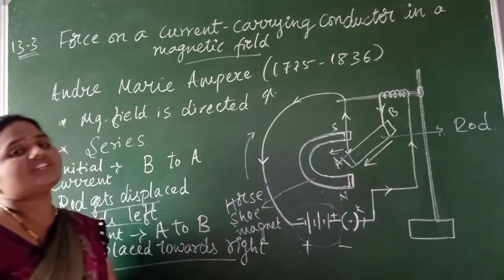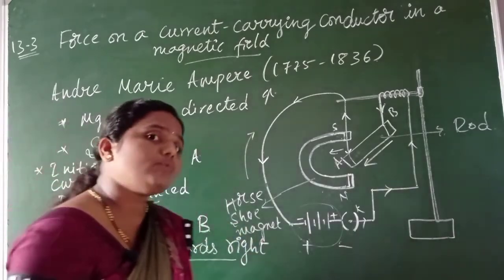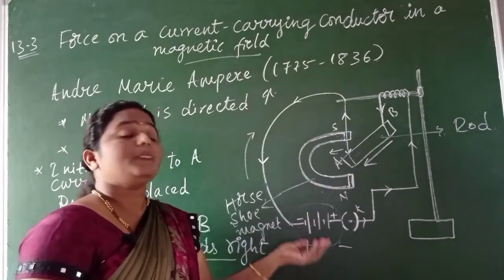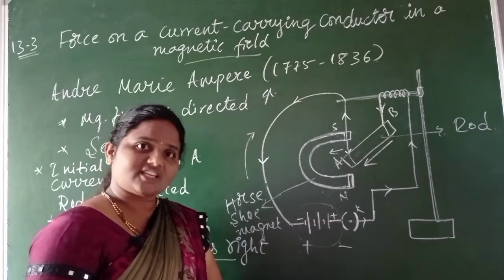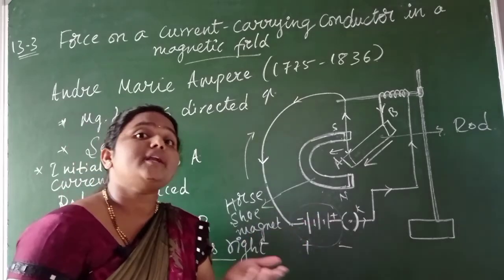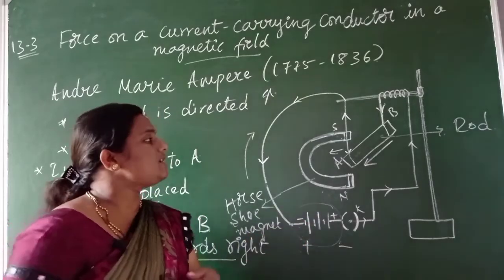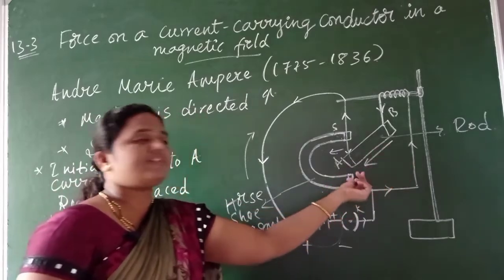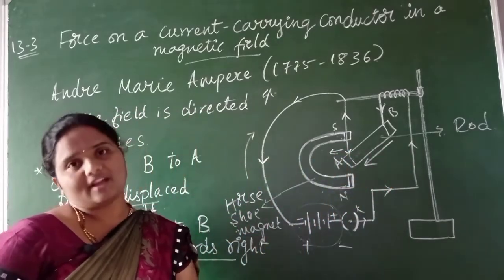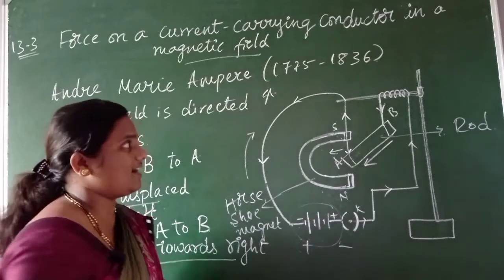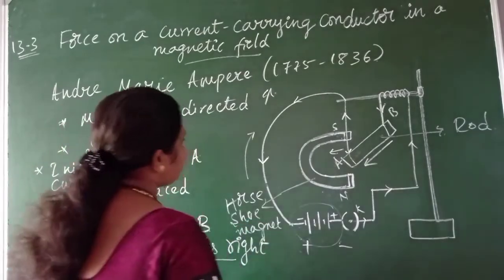And moreover, children, it has been found that the force is highest or largest when it is perpendicular, meaning at right angles, to the direction of the flow of current and the direction of the magnetic field. Understand, children?